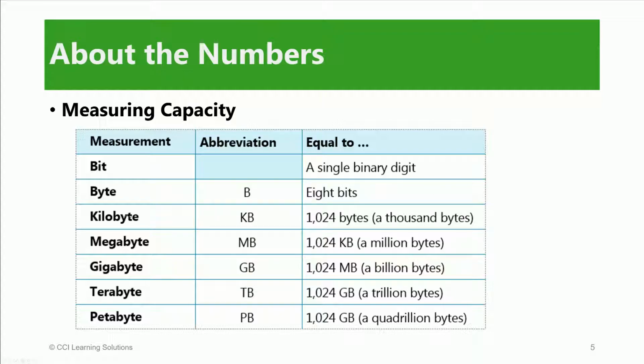So we have kilobytes, which is KB, and that's 1024 bytes. So the 1024 is the exact measurement for 1 kilobyte. And the reason why we don't add in that 1024 is because it's a little more tedious to do so, and it's close enough to 1000.